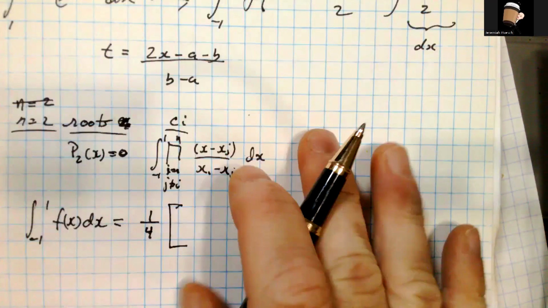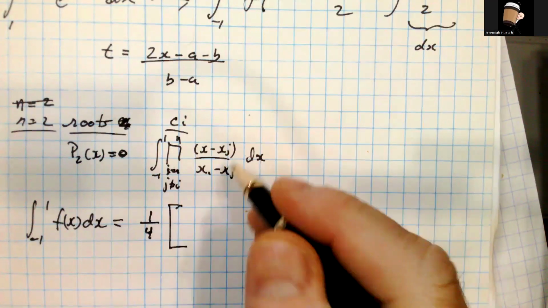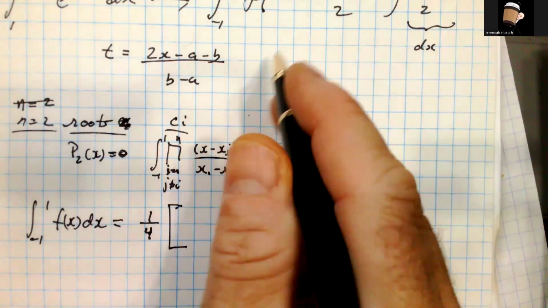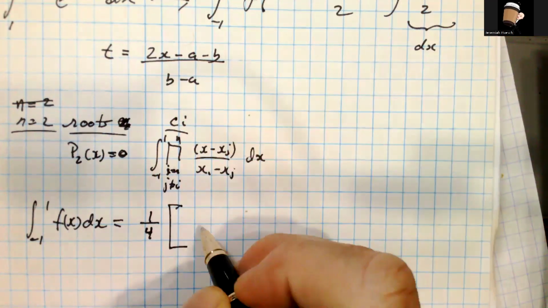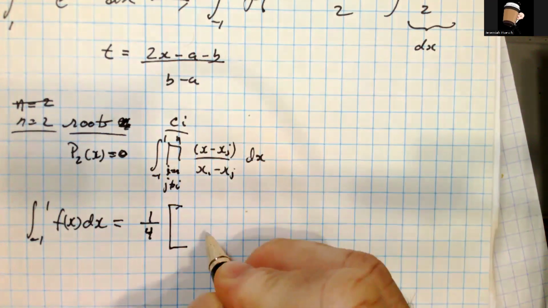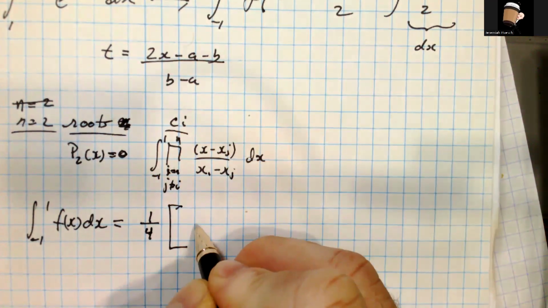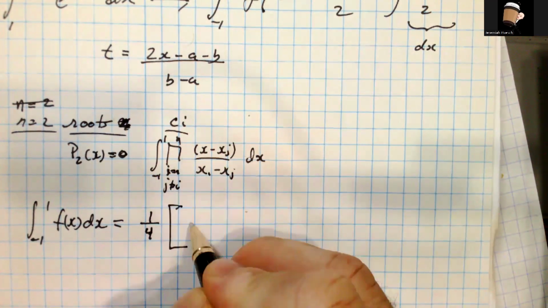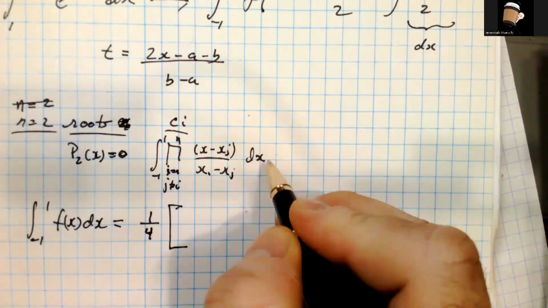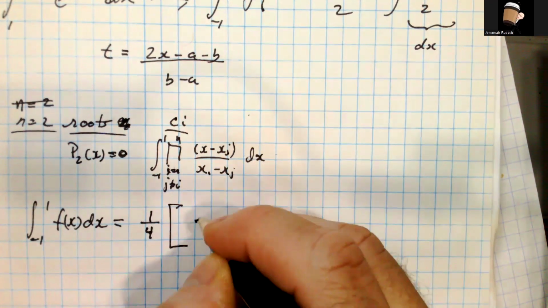And then this constant comes out of the entire integral. We're going to be multiplying that by the corresponding C1. And so it turns out for n equals 2, that's going to be 1.